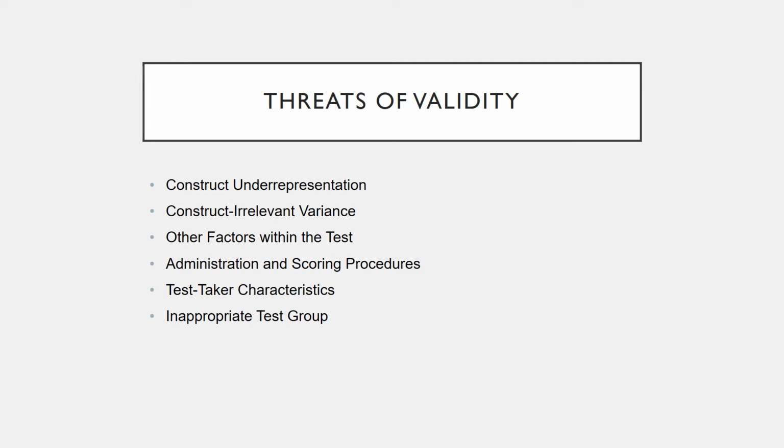And then an inappropriate test group. So this would be where we start talking about norming groups. And so if the way that the test or instrument was developed was perhaps including mostly Western folks who identify as Caucasian or heterosexual or in these certain kind of majority culture groups, and then, for example, individuals who might identify with more minority cultures take the test, is that scoring representative of those individuals taking the test that do not fall within those majority culture groups?